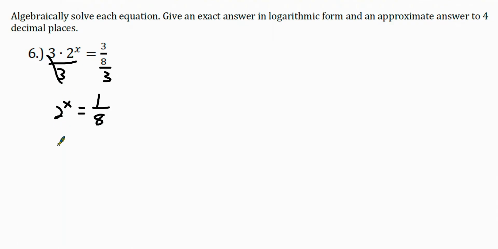Now I have the exponential by itself. I want to rewrite this as a log. So this would be log base 2 of 1/8 equals my exponent. In this case, my variable is by itself, so this is my exact answer, and I can put this into the calculator then to get my approximate answer.